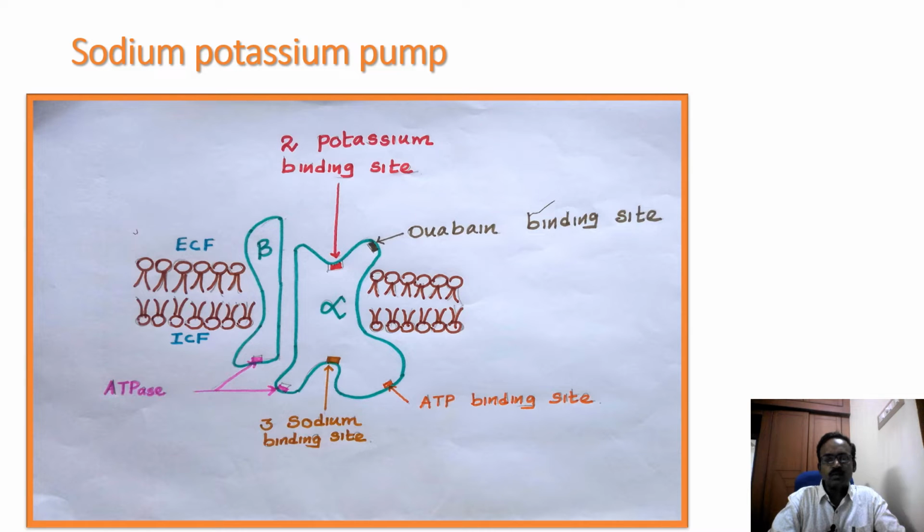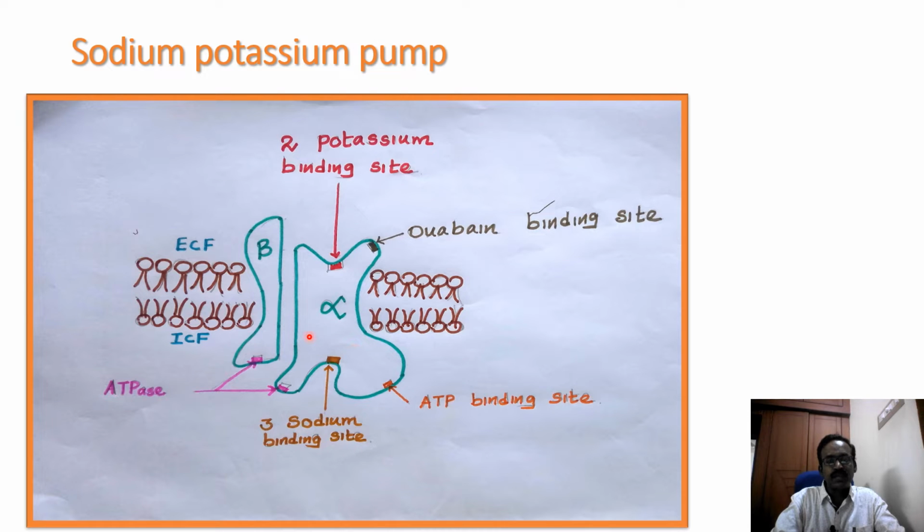This diagram shows the structure of the sodium potassium pump. The sodium potassium pump has two subunits: a larger alpha subunit and a smaller beta subunit. The alpha subunit molecular weight is around 1 lakh. The beta subunit molecular weight is around 55,000.